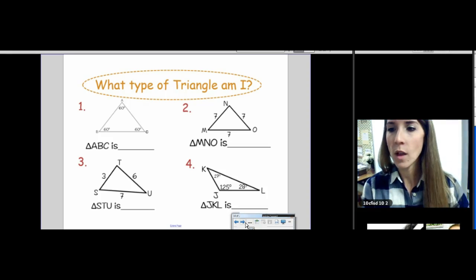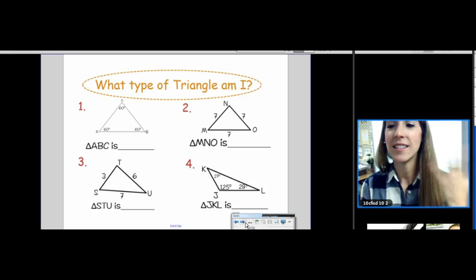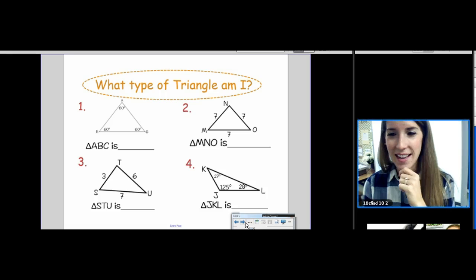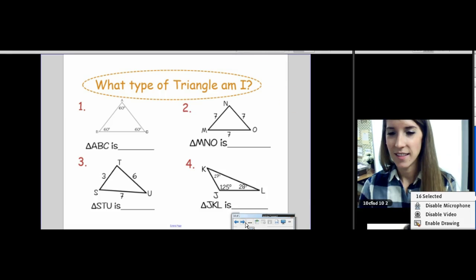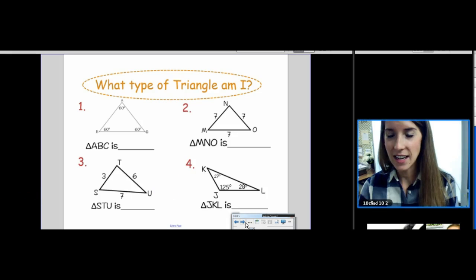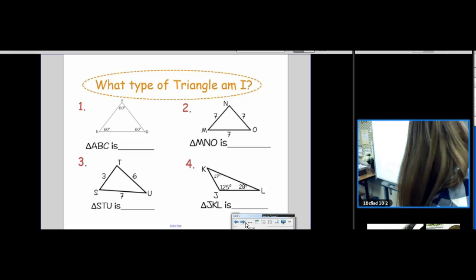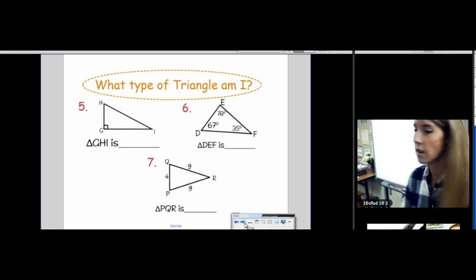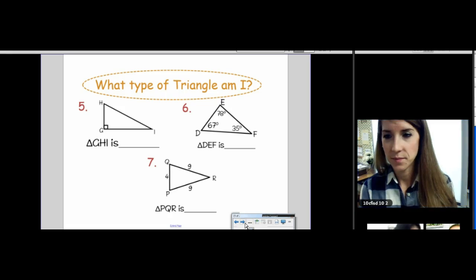Okay? Number 2, equilateral. Yes. Number 3, go ahead and say it. Scalene. Good. Number 4. Obtuse. Very good. Number 5.